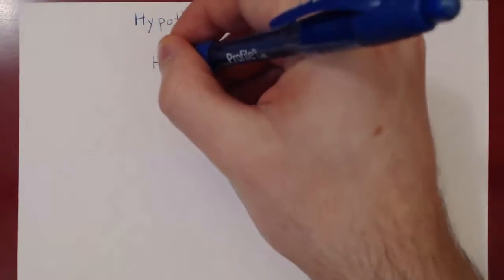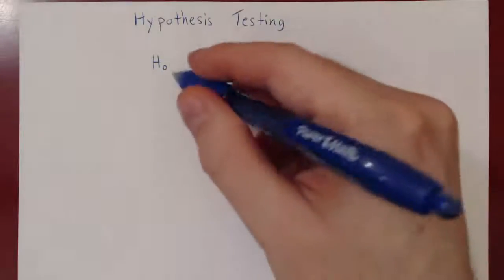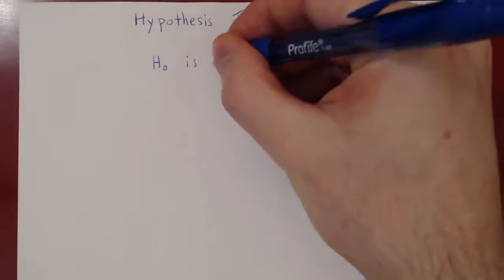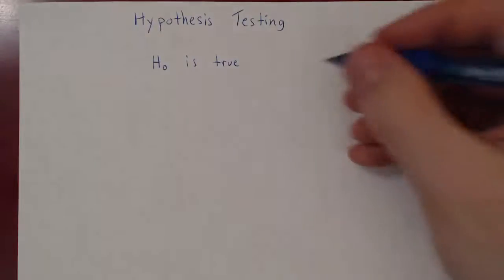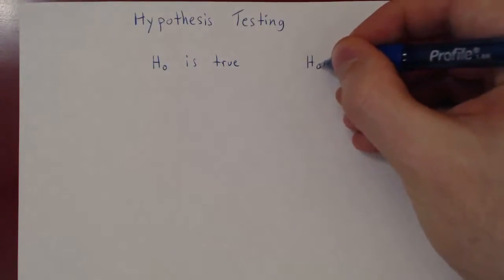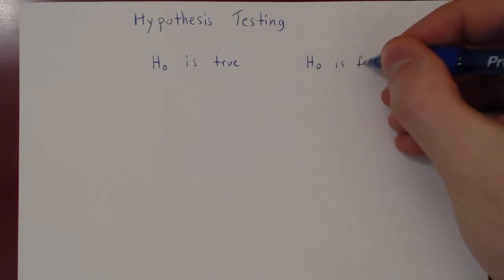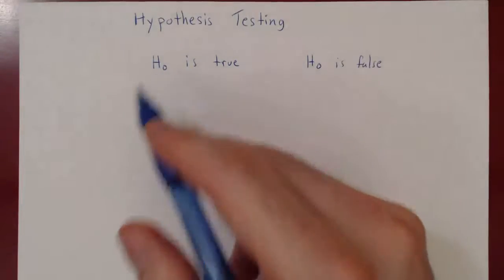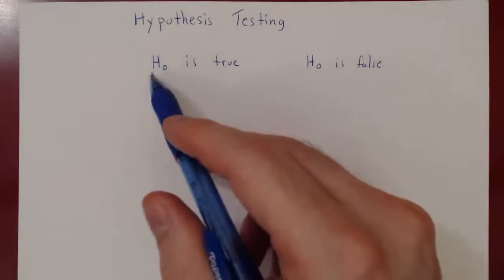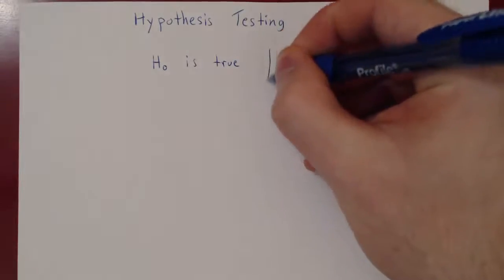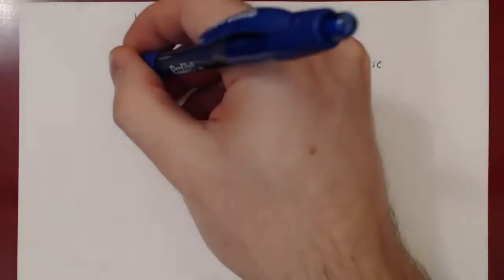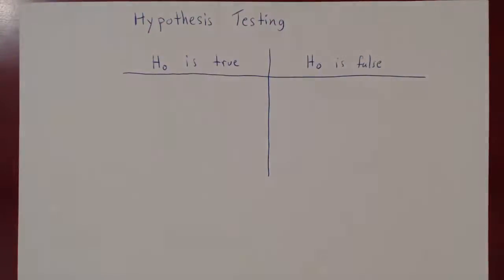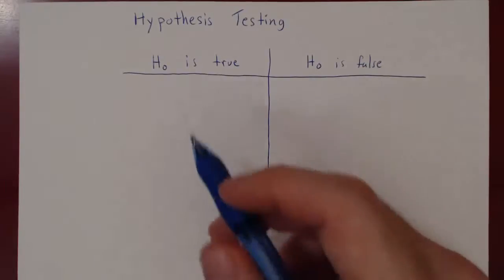Either H0, the null hypothesis, is true, or H0 is false. As I have just said, this will be the hypothesis of no change, or the status quo hypothesis. And then we will formulate H0, and then formulate H1, the alternate hypothesis, but then we'll make a decision.